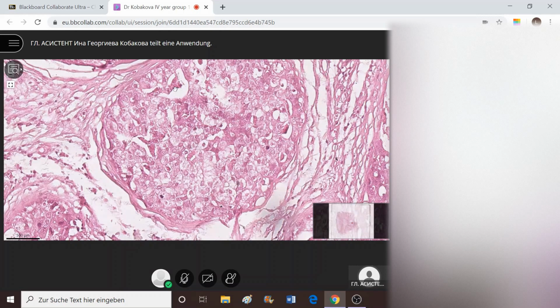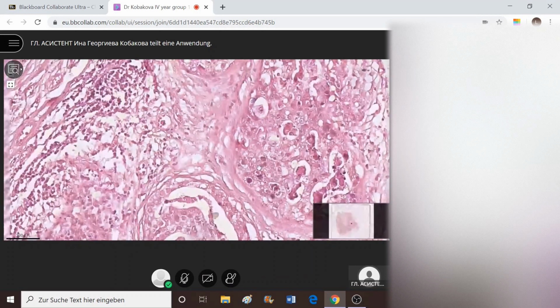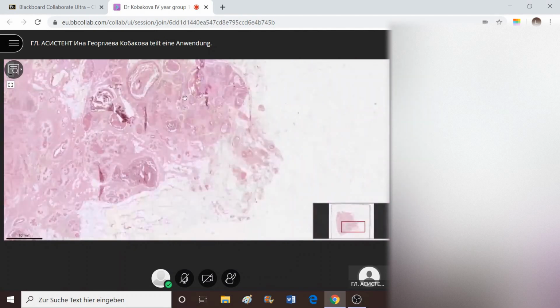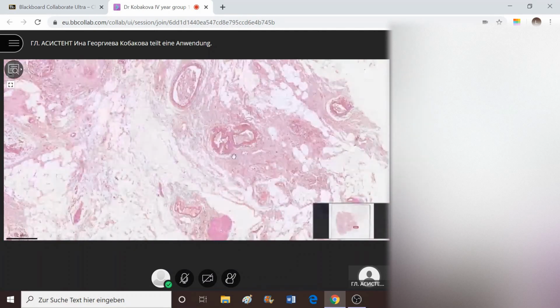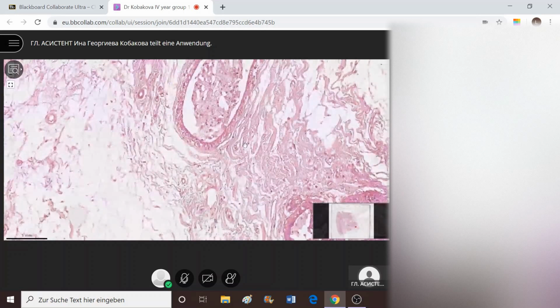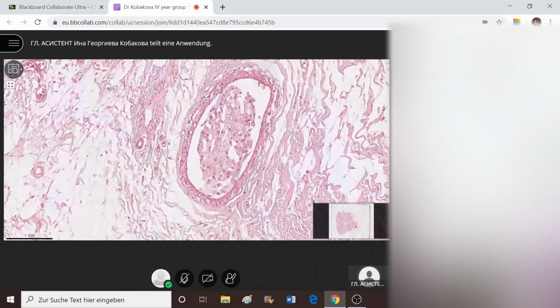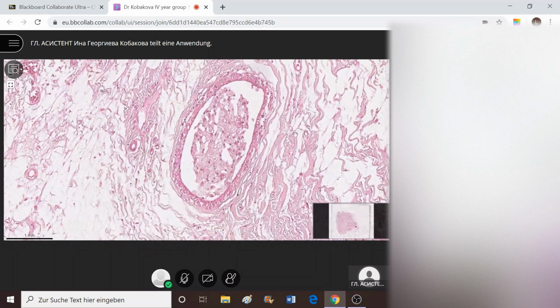Let me check out here. Maybe these appear a little bit more dilated, but the cells are having nuclear atypia. So I would not prefer to give information for this one. These are vessels.